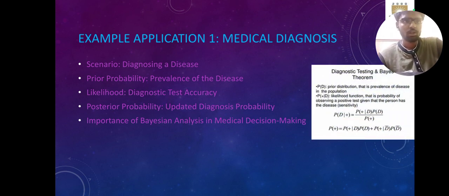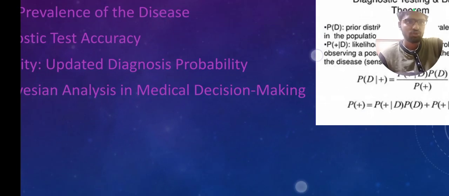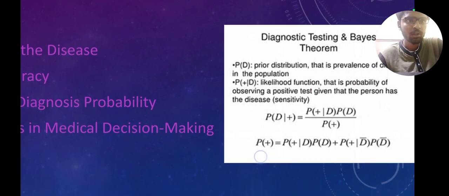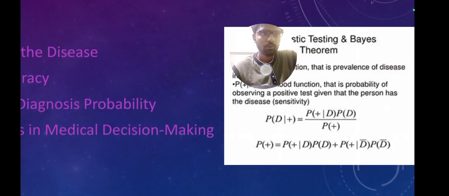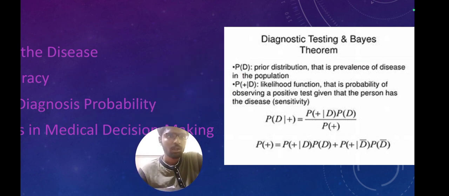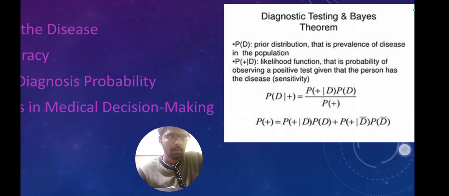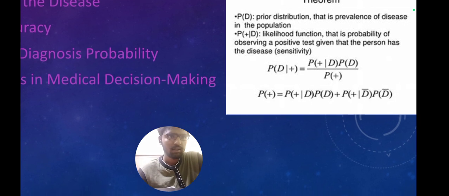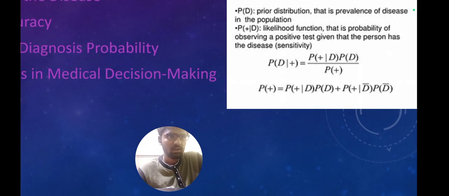So here we can see, as I zoom in, the prior probability, that is the prevalence of disease in the population.